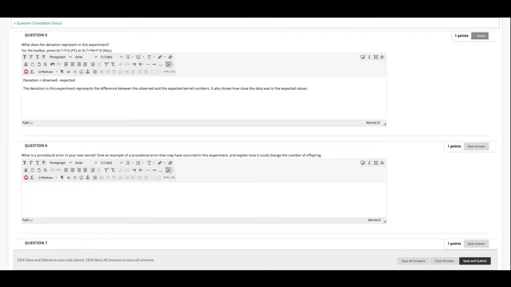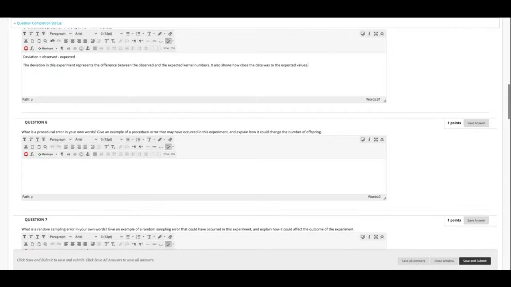Okay, what do y'all think procedural error is in your own words? Procedural error is something that occurs while you're doing the experiment that may have an effect on your outcome.